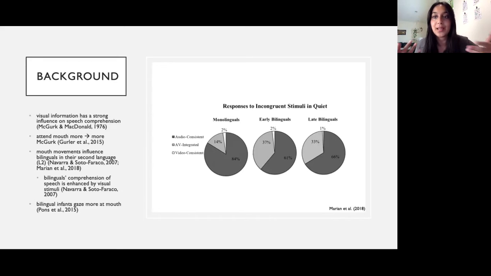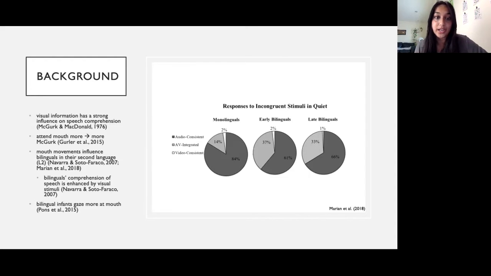This is where they experience a fused, different percept in this case. And you can see that the bilinguals actually experience this McGurk fused integrated percept a lot more than monolinguals, thus emphasizing that bilinguals gaze at the mouth more and that visual mouth movements play a bigger role for bilinguals than monolinguals. It's also been found that infants raised in a bilingual household already start to gaze more at mouths than a monolingual child.